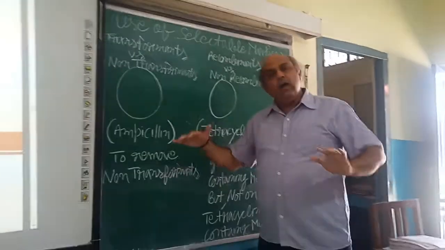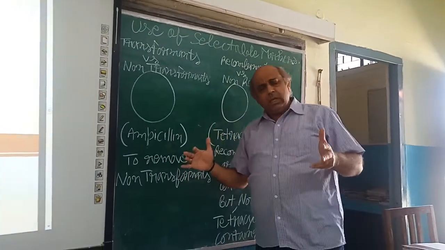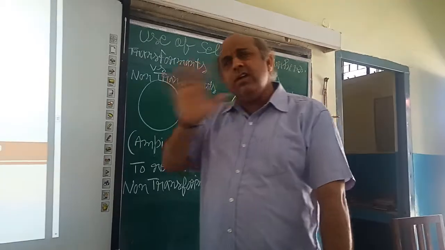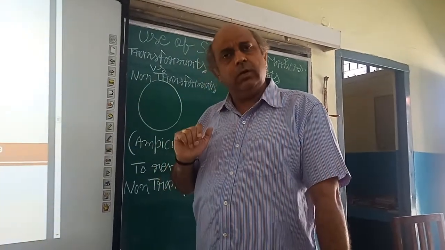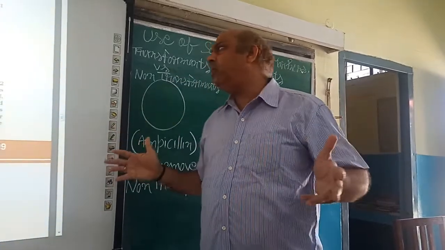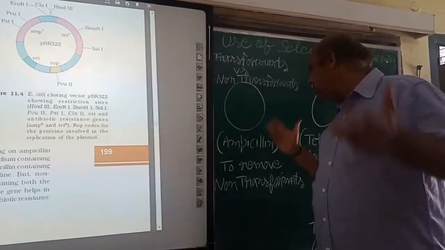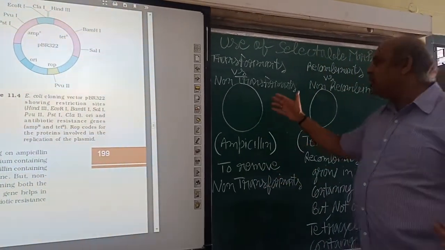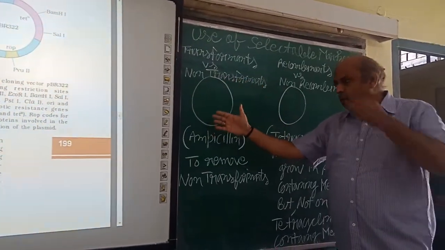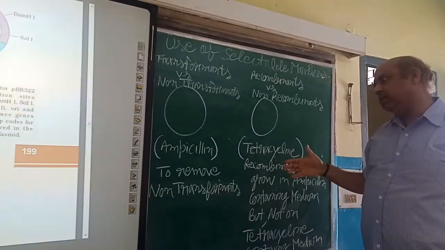Those bacteria which have not undergone transformation do not have any type of plasmid, neither the normal plasmid nor our recombinant DNA. They will not survive on the culture medium having the antibiotic ampicillin.